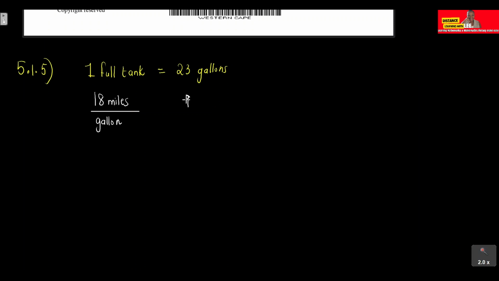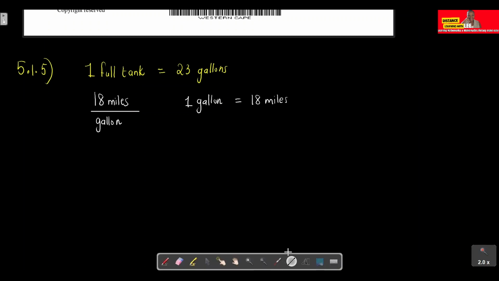It means that 1 gallon will give you 18 miles, so you'll be able to drive 18 miles from 1 gallon. We're going to use this equation to convert these 23 gallons into the miles that a full tank can cover.